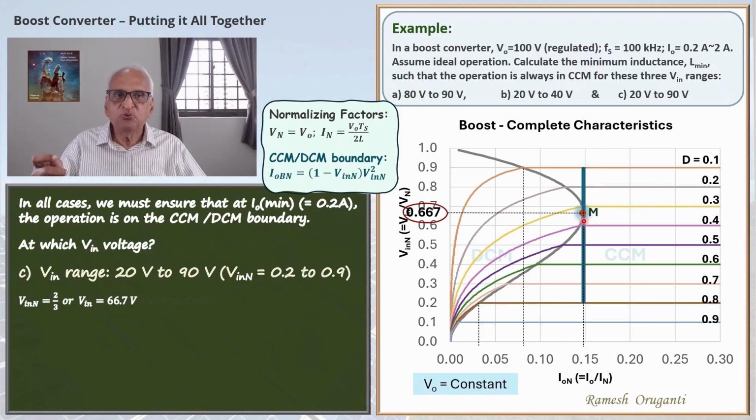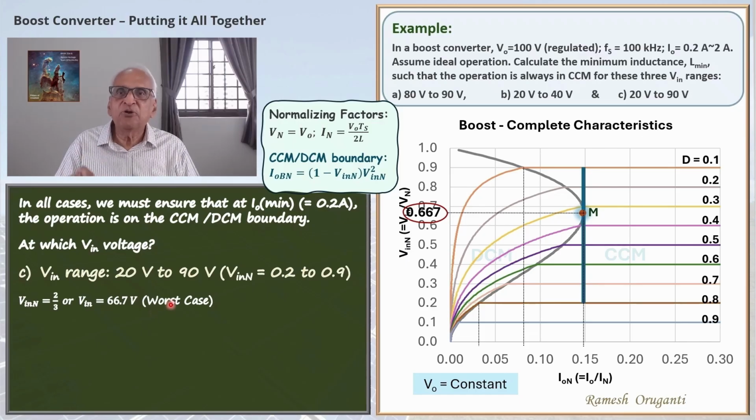Likewise, if the input voltage goes lower towards 20 volts, again we are moving into CCM, which is perfectly all right. The worst case operating point in this case to ensure CCM operation under all design conditions is Vin/N equal to 2/3, that is Vin equal to 66.7 volts.